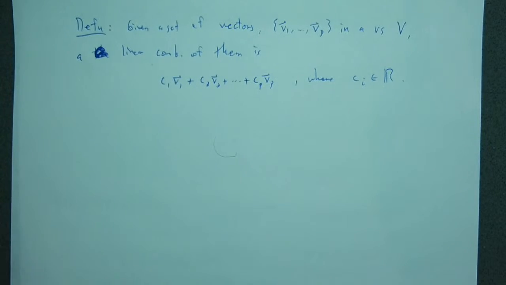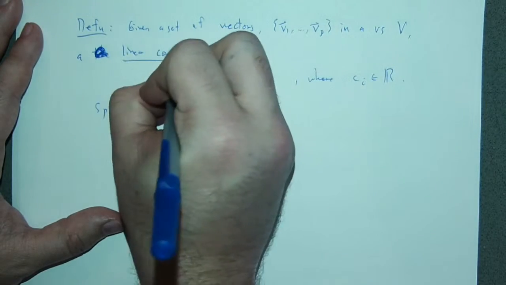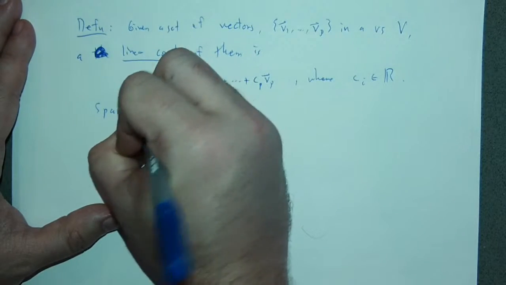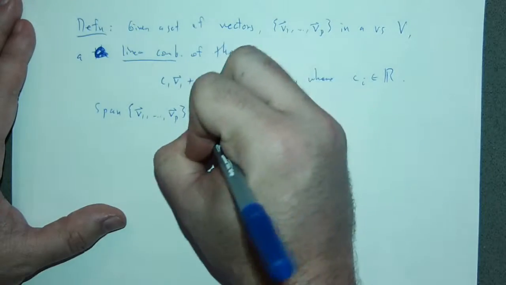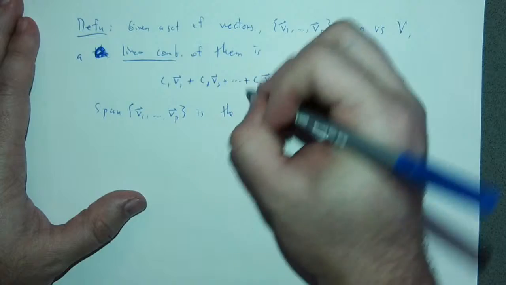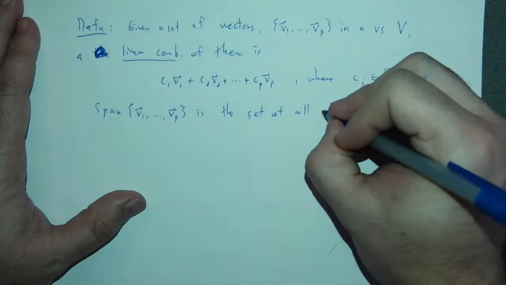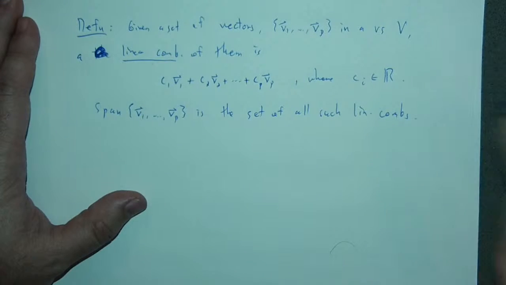That defines linear combination, and the span of the set of vectors is the set of all such linear combinations.